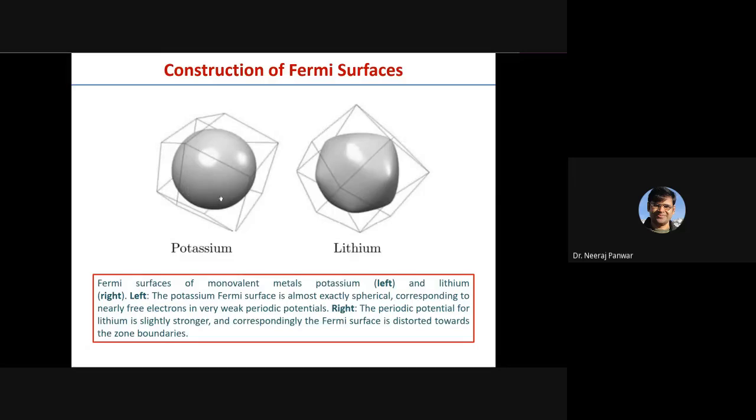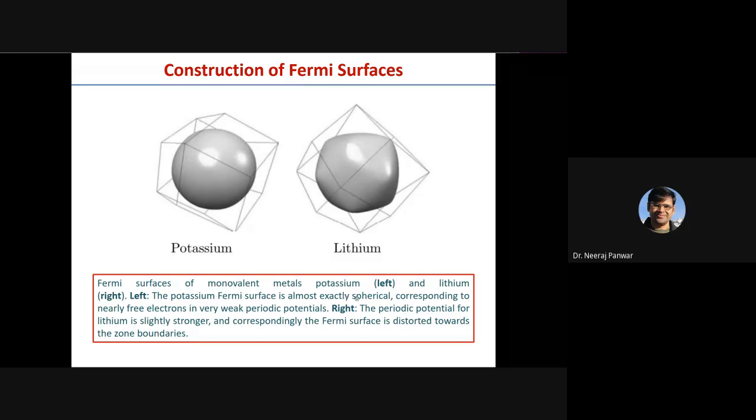For potassium, it is almost spherical. The Fermi surface completely lies in the Wigner-Seitz cell of the BCC lattice, that is a rhombic dodecahedron. But lithium is also an example of an alkali metal. In the case of lithium, there is a slight distortion because there is a strong periodic potential present, so the Fermi sphere is slightly distorted.